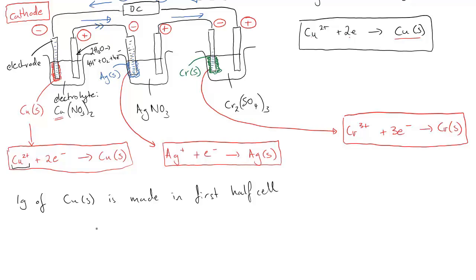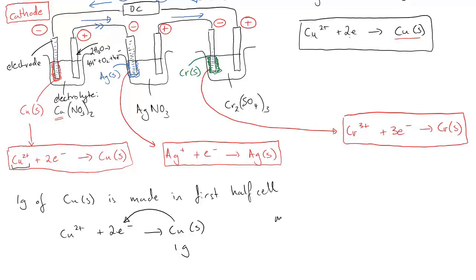So what we know is that we have copper 2+ plus 2 electrons gives us copper solid. This is our reaction, and we have 1 gram of this being formed. Now, from the copper, we can find out how many moles of electrons are required.